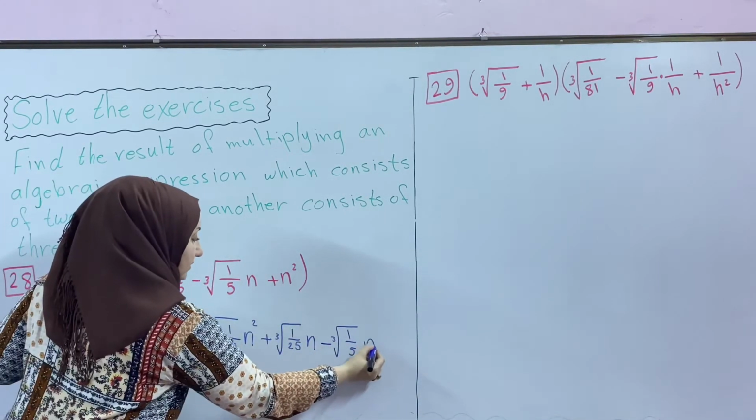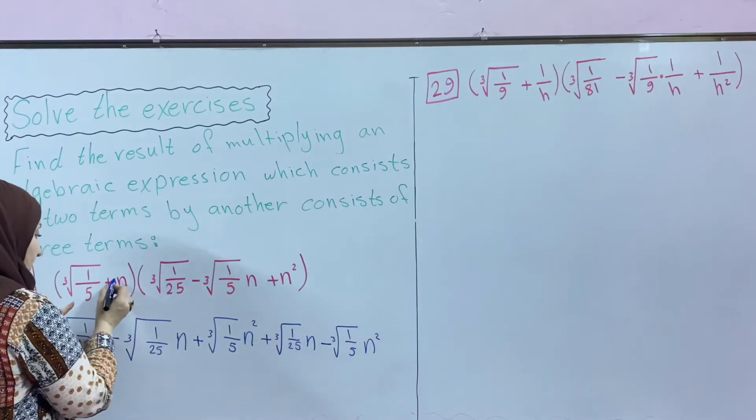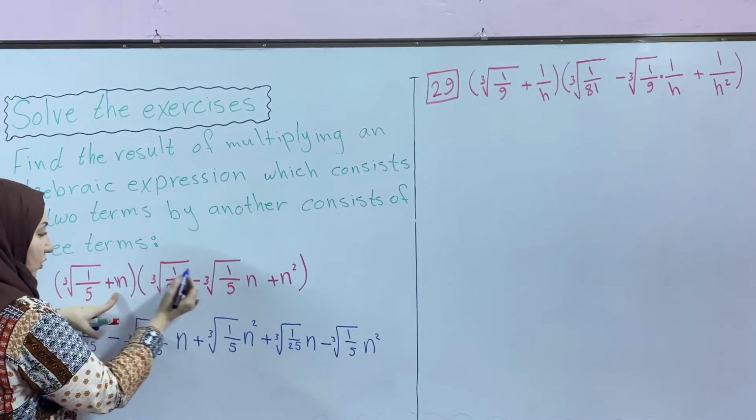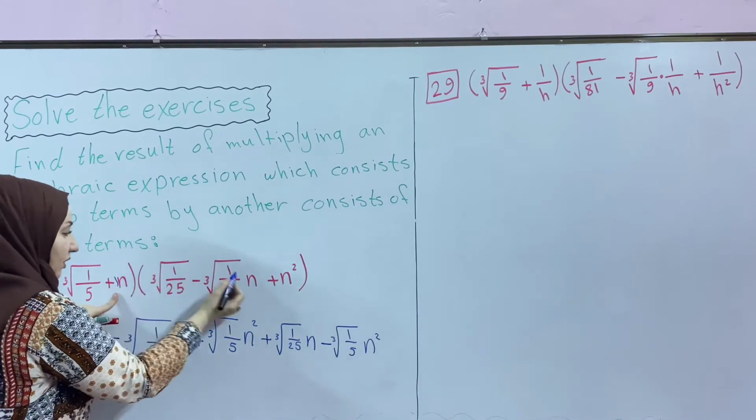Now positive multiplied by negative, negative, cubic root of 1 on 5 n, multiplied by n squared. Here the coefficient is 1, we will multiply the coefficient with the coefficient and the variable with the variable.